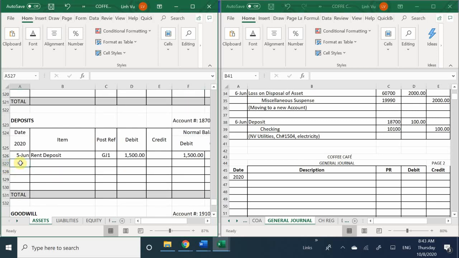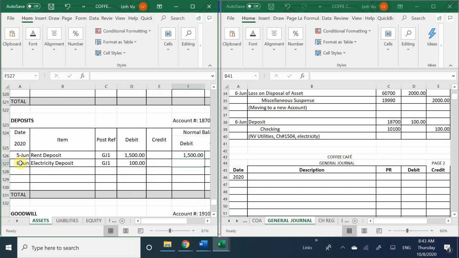And I'm going to go ahead and indicate the date. And I'm going to go ahead and write here, electricity deposit. Okay. General Journal 1 for $100.